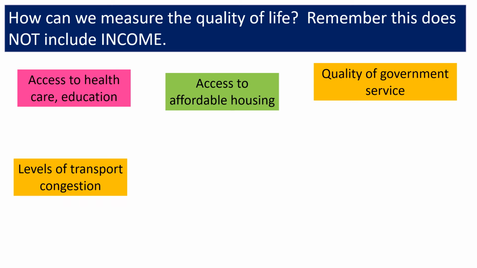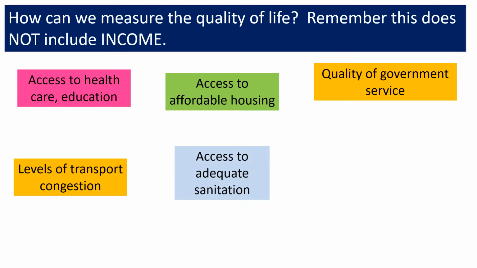The levels of transport congestion, and obviously air quality, but also just the stress of lots and lots of traffic on your commute can really impact your quality of life. So transport's a big one. Obviously, transport congestion can also lead to lots of pollution within local areas, and that can really impact air quality and make people quite unwell.